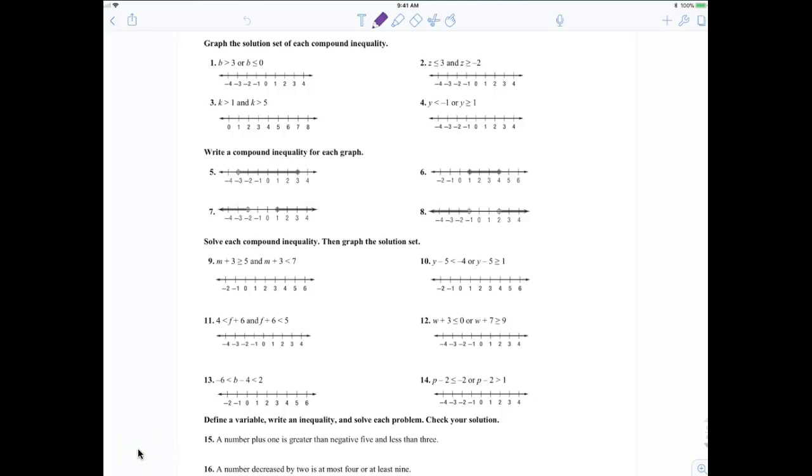Now, for today's lesson, these are called compound inequalities, which just basically means in math, sometimes you can be greater than 3 or less than -2. Or you could be less than 3 and greater than -4.